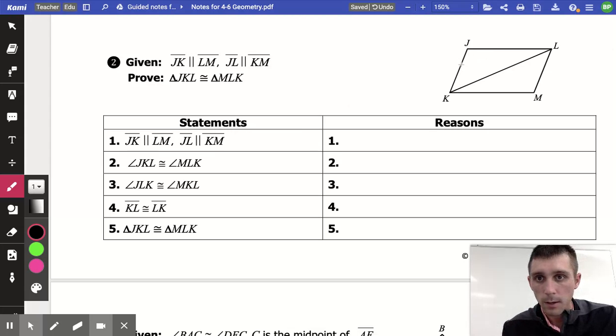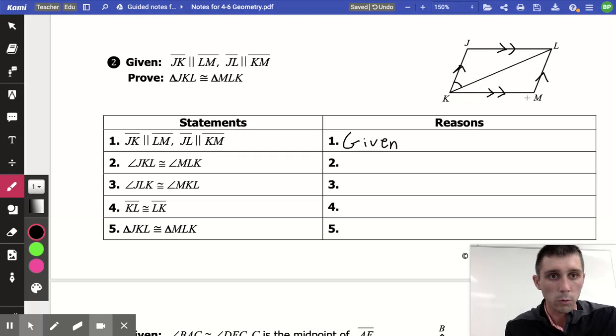All right, let's go to number 2. JK is parallel to LM. And then JL is parallel to KM. All right, I'm going to put 2 arrows on this one. All right, so how do we know that? Well, that's given. Now, let's see what the next one says. Angle JKL, this angle right here, is congruent to MLK, this one right here.